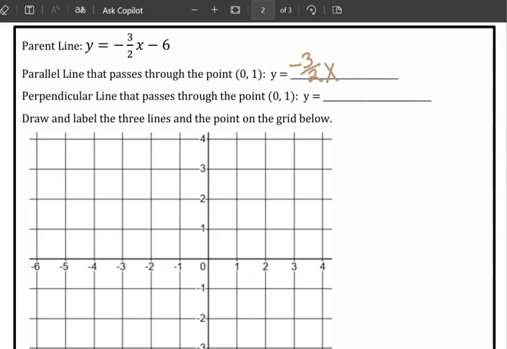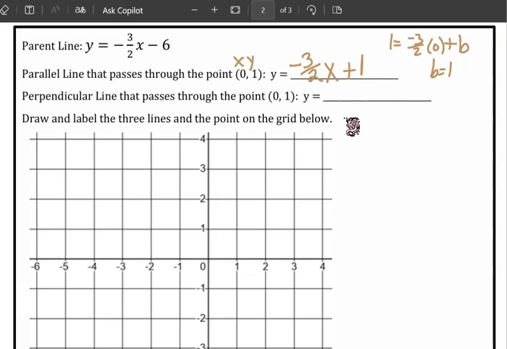To solve for b, we plug this point, x, y, into the formula: 1 equals -3/2 times 0 plus something, the b that we're looking for. Well, this fraction times 0 is just 0, so b has to be 1. So our formula is y equals -3/2 x plus 1.